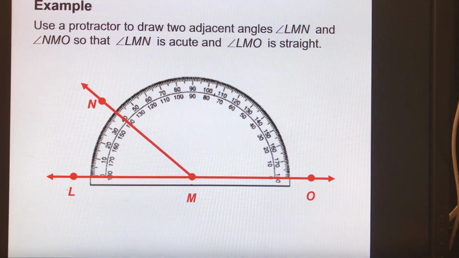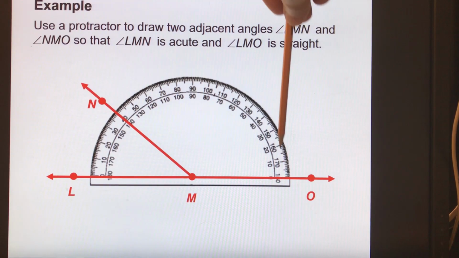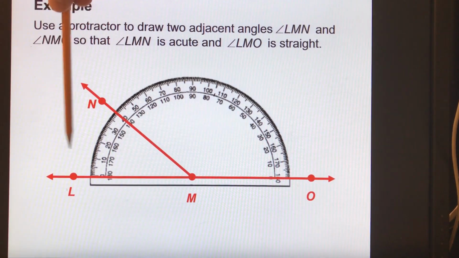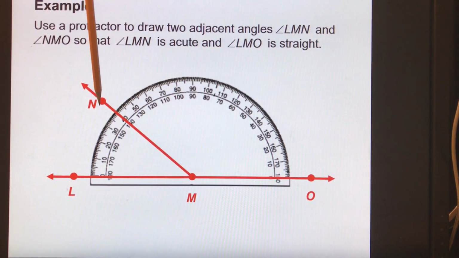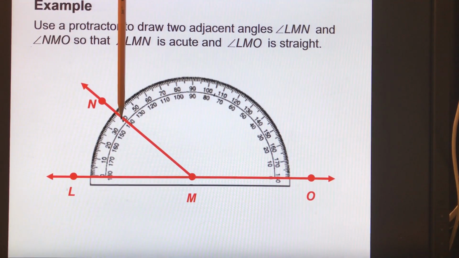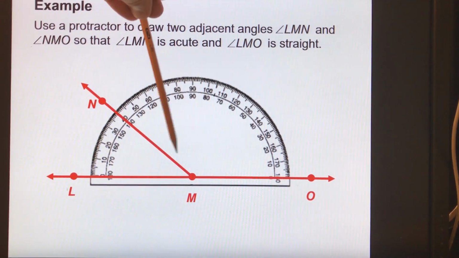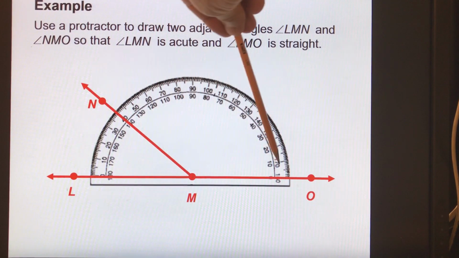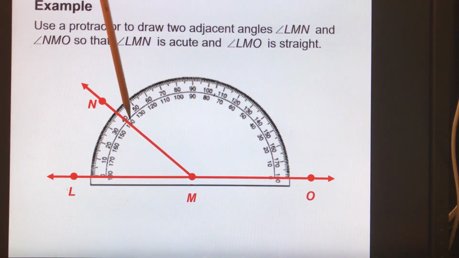Okay, so LMO, we know it's 180 degrees. The acute angle is less than 90, measures 40, so that angle is 40. This is an obtuse angle. It is 140.